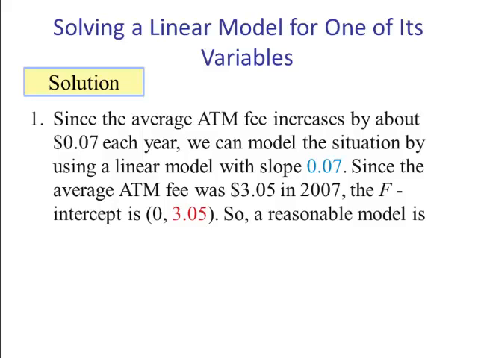If you recall, this is like our y-intercept, and our y-intercept is our beginning value. Putting these two values together, we come up with our linear equation. F equals 0.07 times t plus 3.05, where F is our dependent variable, like our y, 0.07 is our slope, t is our independent variable, and 3.05 is our y-intercept.